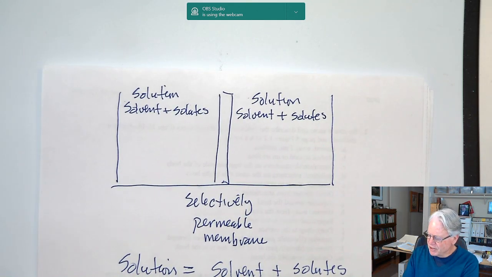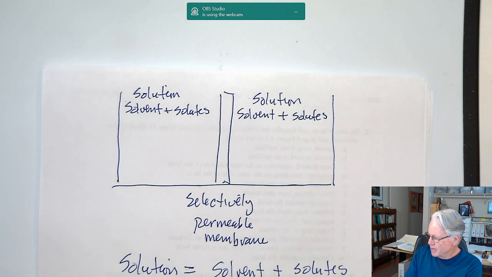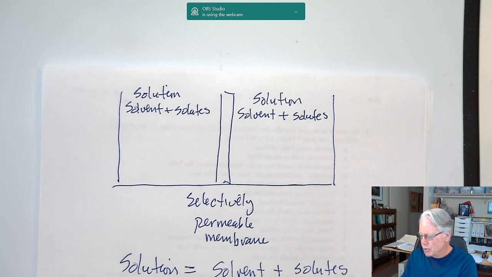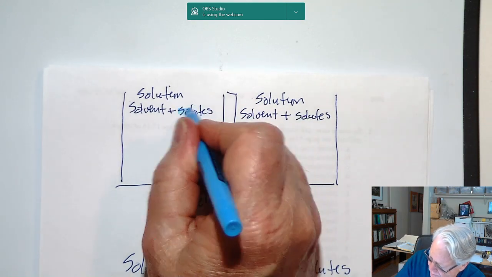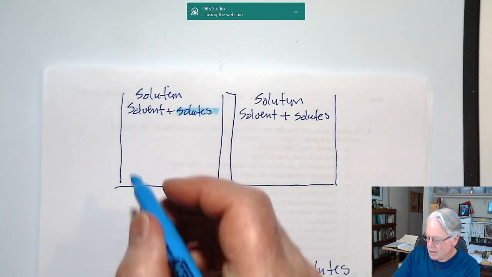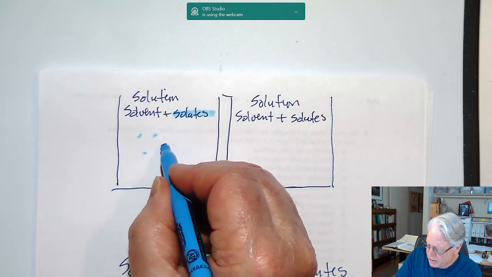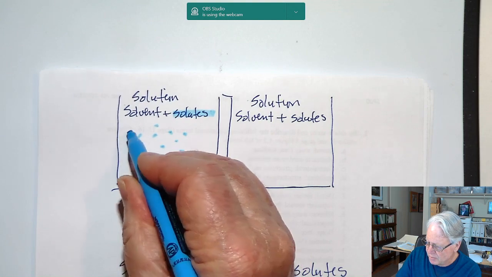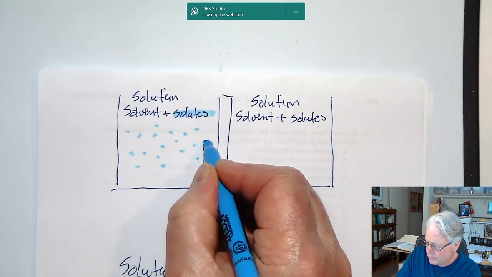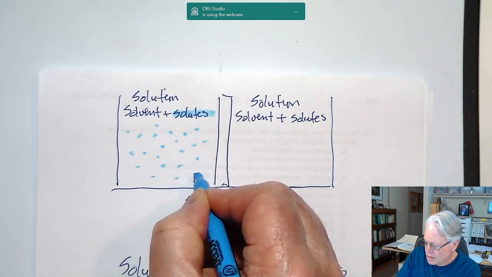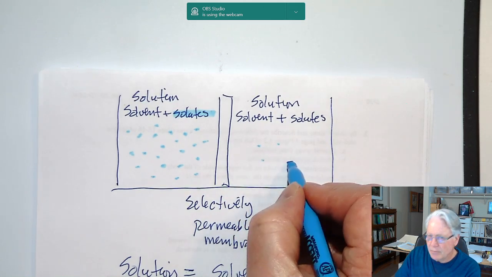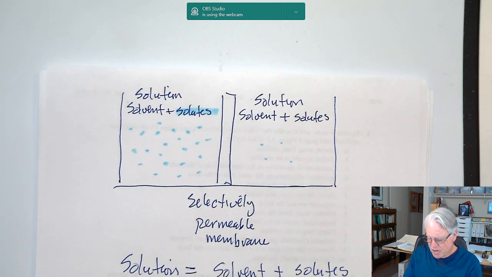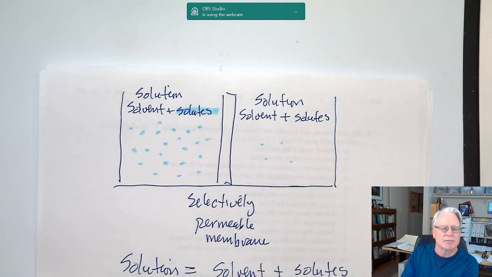And we're further going to stipulate, I should say, that the solutes, which we're going to do in blue, are more concentrated on this side of that selectively permeable membrane than on this side. So we have a concentration gradient, right? More blue things over here and less over there.